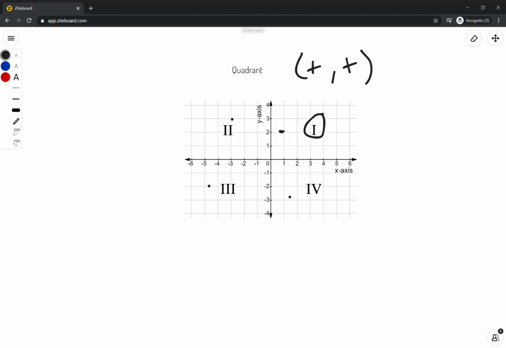Now let's move on to the second quadrant. The second quadrant, if we plot, say, the point right here, (-3, 3), -3 for the x is a negative x value. Sorry about that. It's a negative x value, but it's still a positive y value.